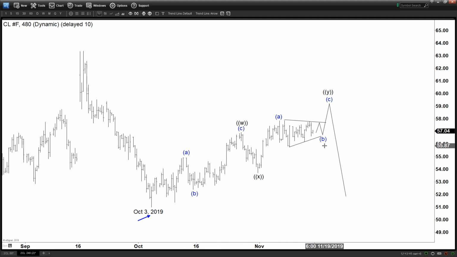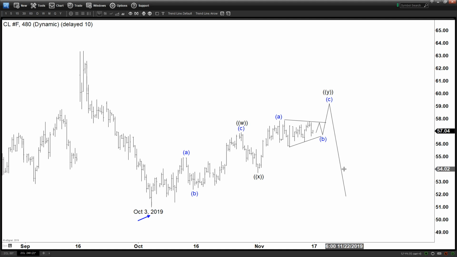That is telling us that the structure of the current rally in oil is most likely still corrective. So if it is corrective, then it will be hard to suggest that we are going to suddenly rally a lot and become an impulse, because the overall structure looks corrective so far.